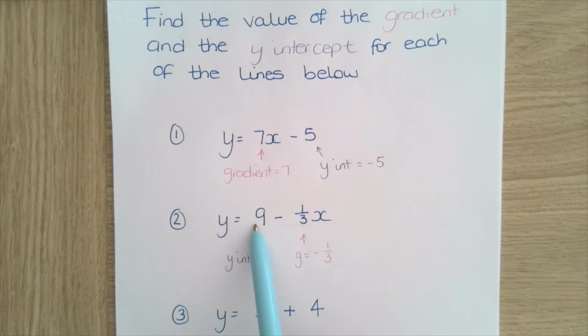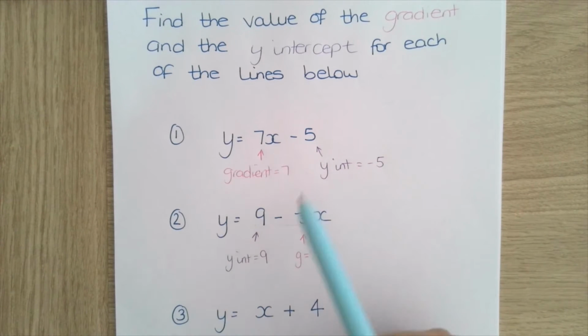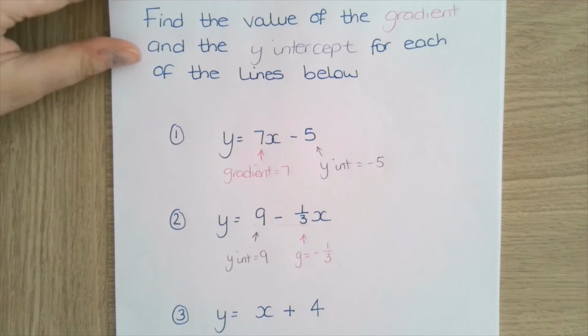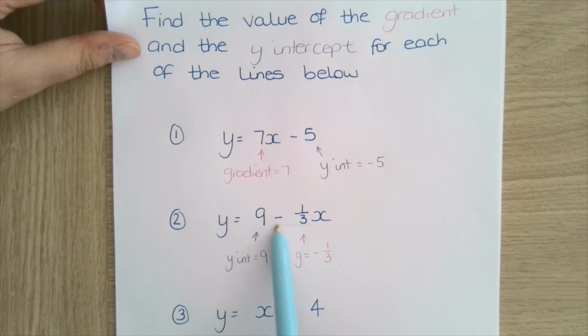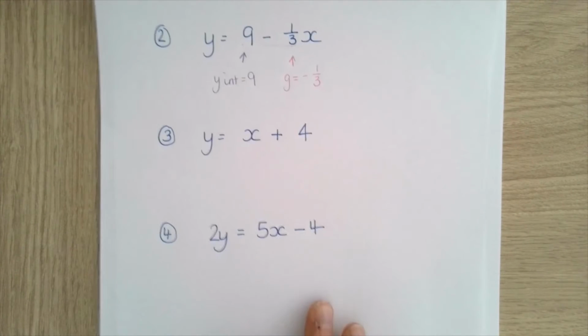It can be c plus mx. Now I appreciate that this isn't a plus and this isn't a plus. It doesn't matter. It can be negative. We can have a negative value. So just watch out for that. Obviously the gradient is the value that's with the x, or the coefficient of x, not forgetting the sign. And the y-intercept is the value on its own.